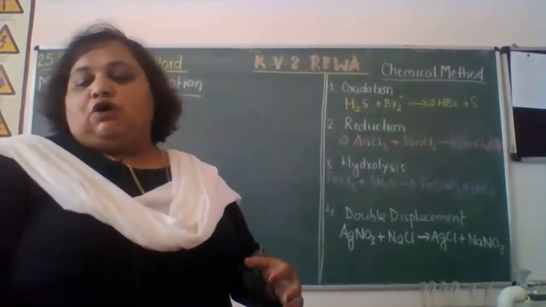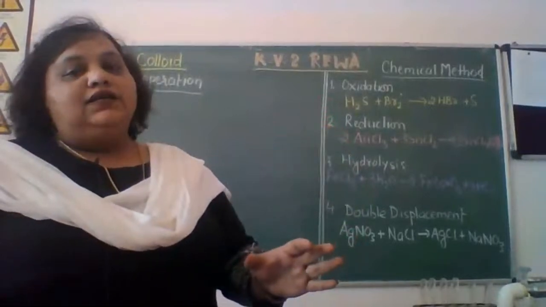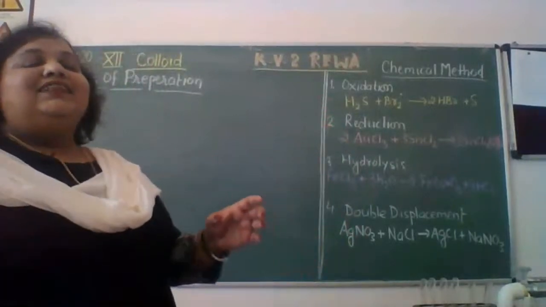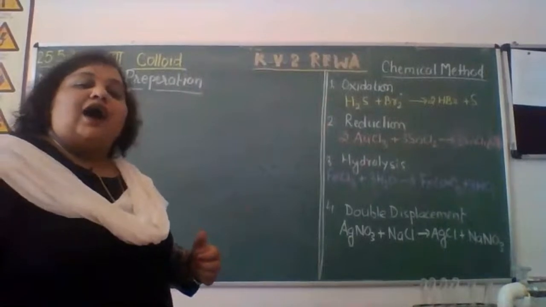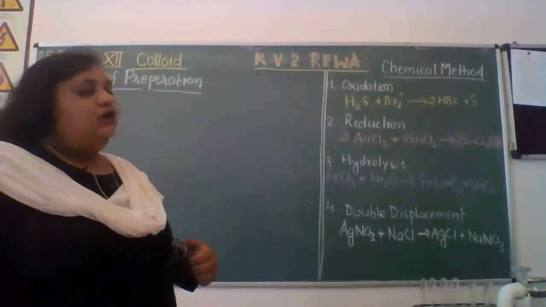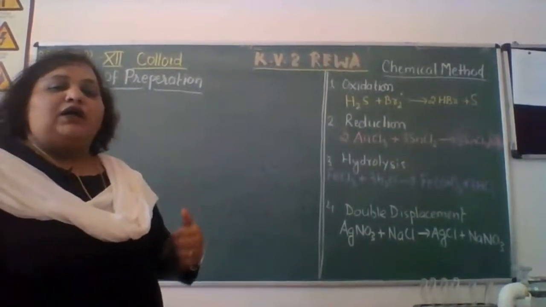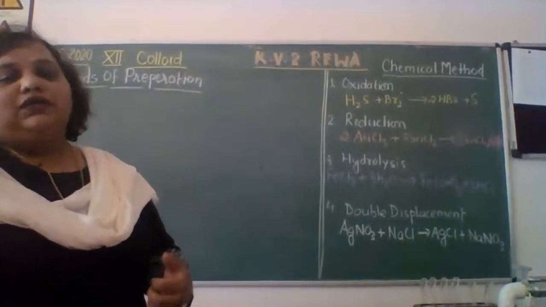On that basis, we have categorized it into 8 different categories. And I told you that most of the questions are asked on the basis of dispersion medium and dispersed phase, which you have to identify in given examples.